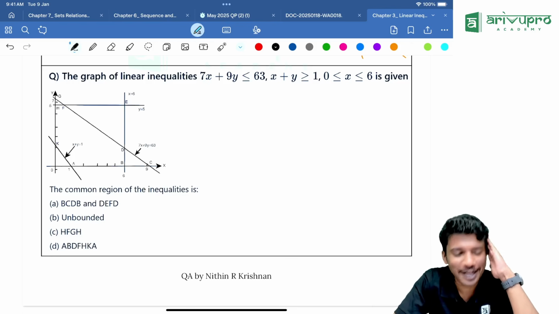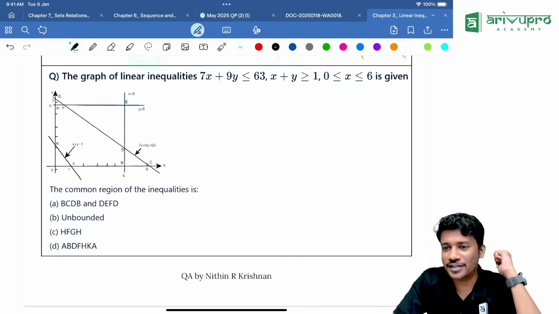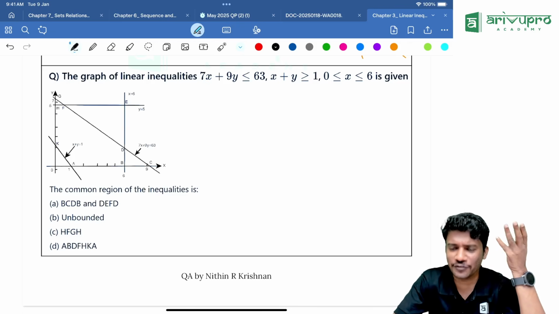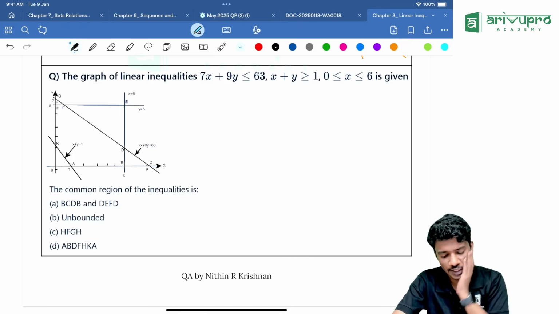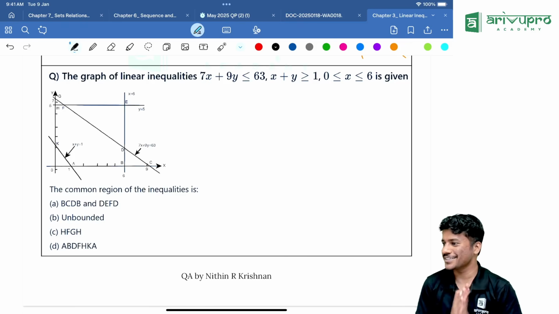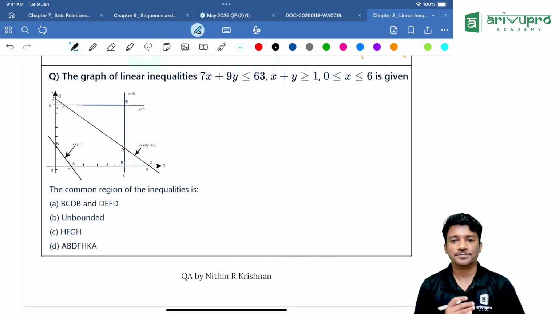Now, graph of linear inequalities. Get me the answer. What are you waiting for? Try. Yes. Right answer. One person got the answer already. Very good.